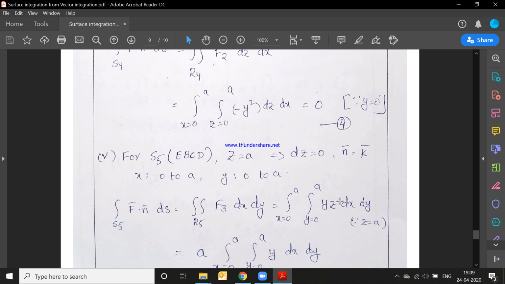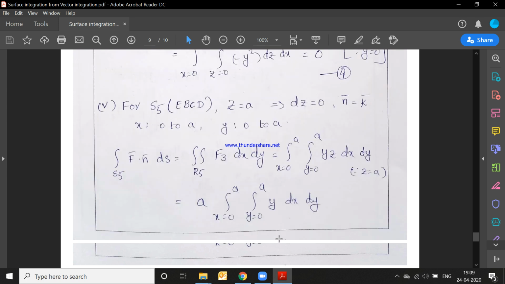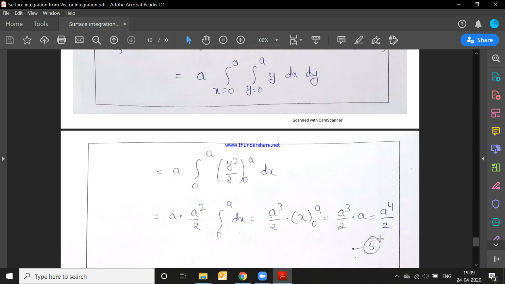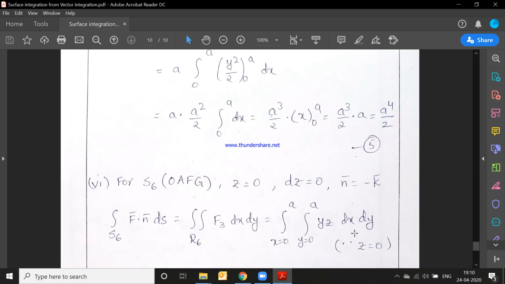Z value is a, constant, outside, and the integration with respect to y is y square by 2, limits 0 to a, so then a square by 2 outside. Integral dx is x, so substituting the limits 0 to a, we get a cube by 2 into a, that is a power 4 by 2. This is the fifth surface.